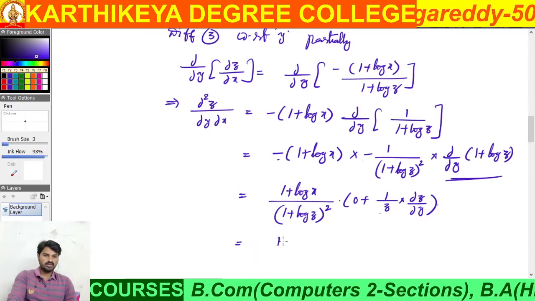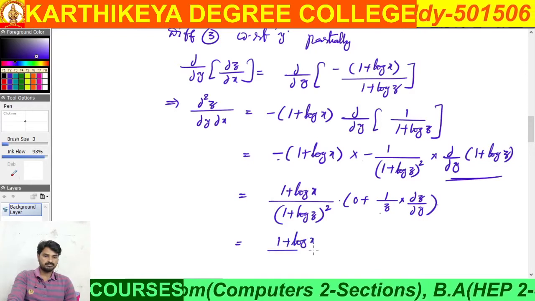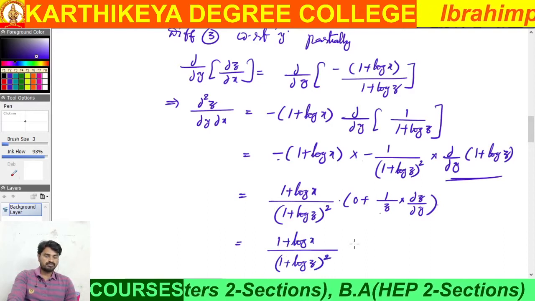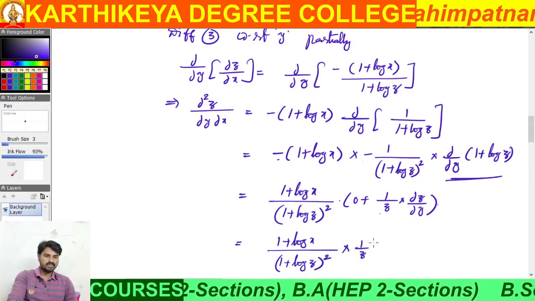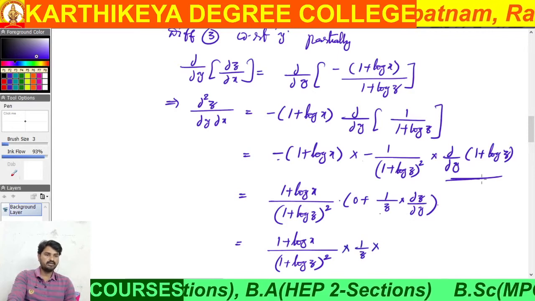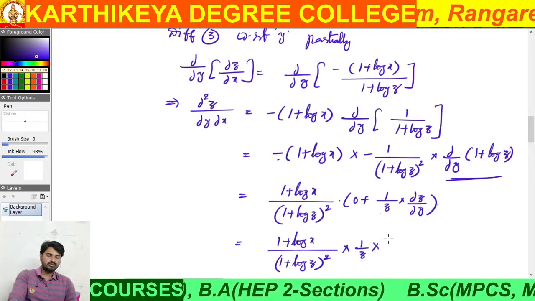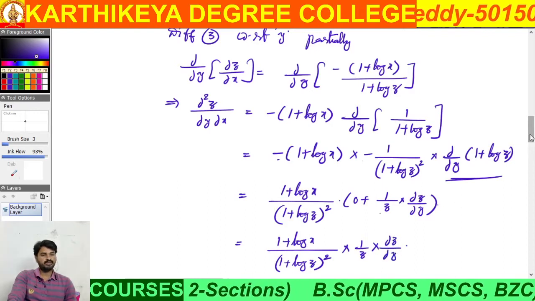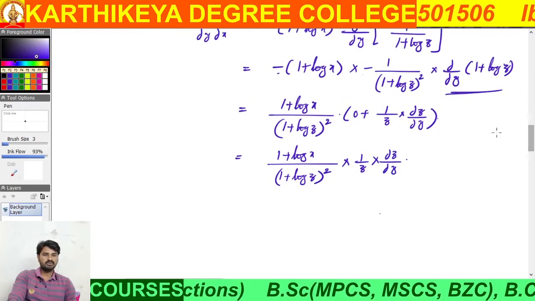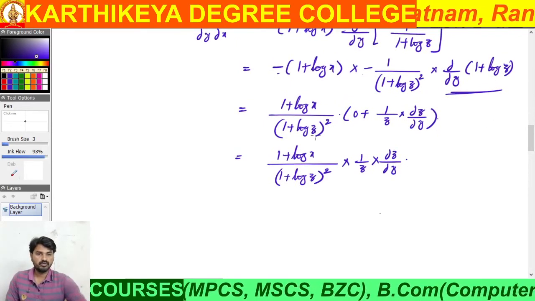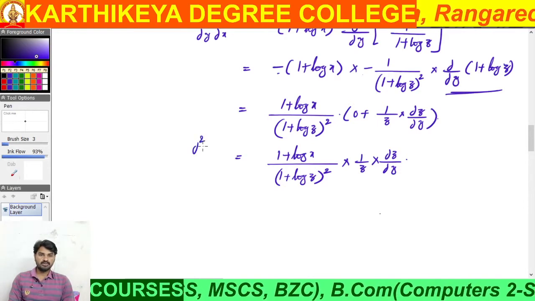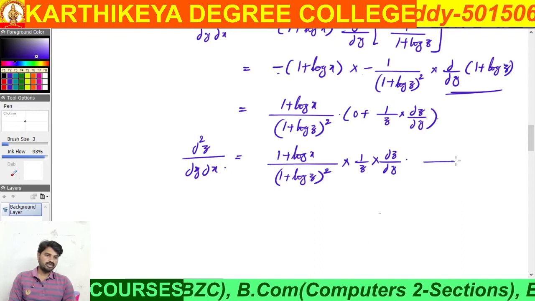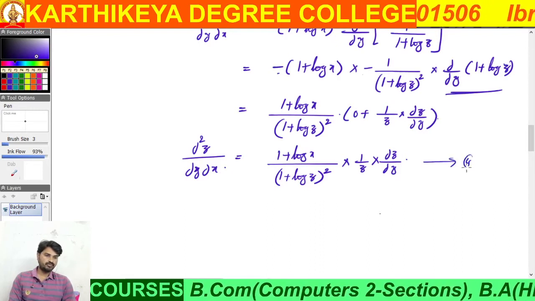So here (1 plus log x) by (1 plus log z) whole square into 1 by z into ∂z/∂y. Okay students, this is the value of ∂²z/∂y∂x. Let it be equation number 4.